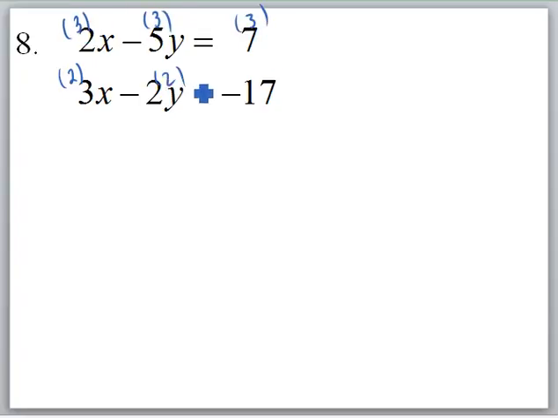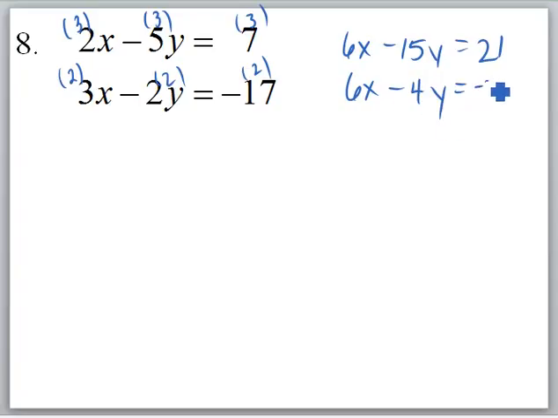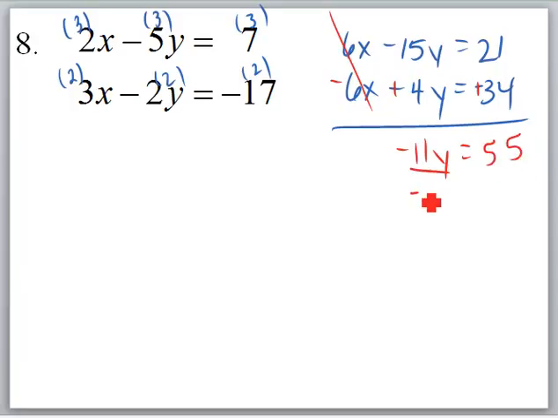When I do that, I end up getting a... now I'm going to create the 0, so I need to change all my signs. Either that or I need to recognize to multiply by negative 2. Those create 0. Here I get negative 11y, and here I get 55. Divide by negative 11 on both sides, and I get y is negative 5.